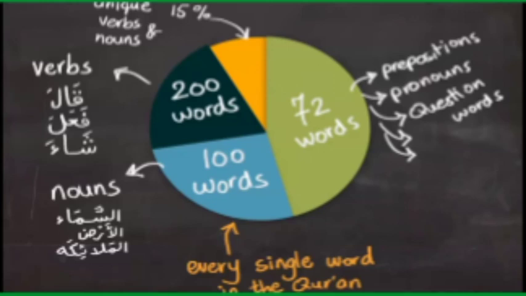It comprises 200 words, and they are all verbs like qala, fa'ala, and sha'a, etc. So we will not go into the details of verbs right now. The verbs can be in fi'l madi, the past tense, or in fi'l mudari', like the present or future tense, or fi'l amr or anything. We will discuss that later, inshallah. The yellow part is the 15% of the Holy Quran.